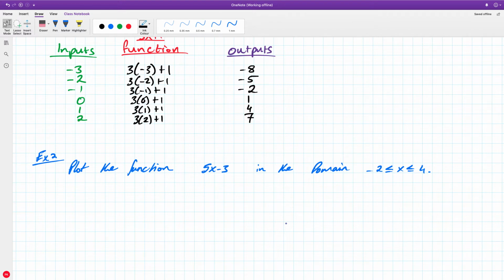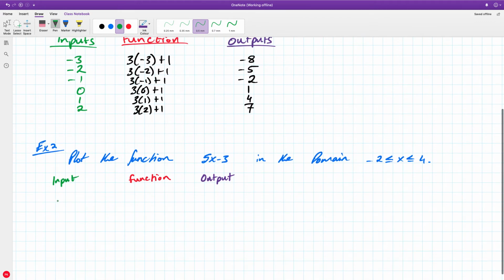So, if we look at it then, input, function, and output.